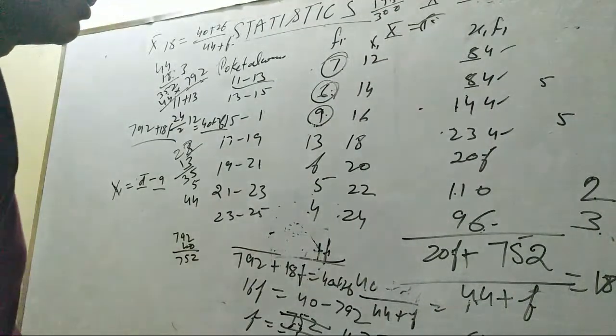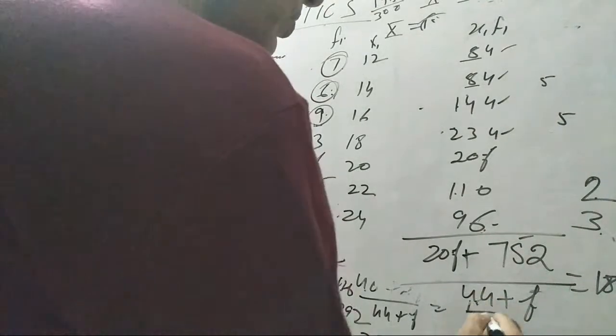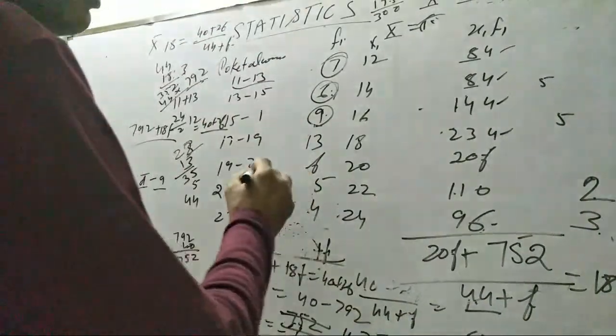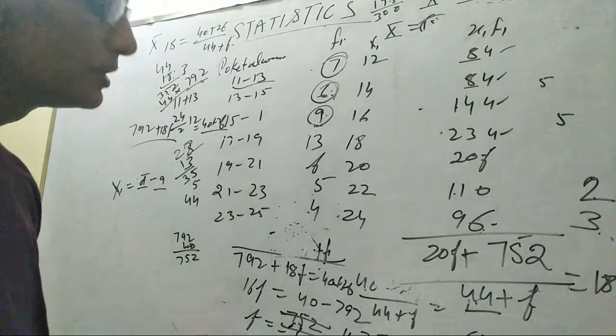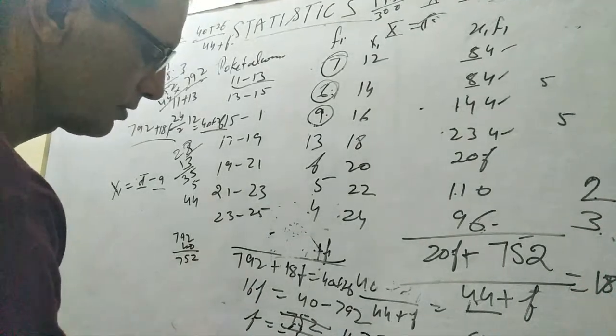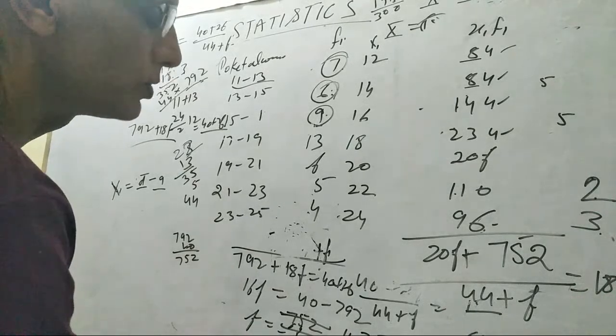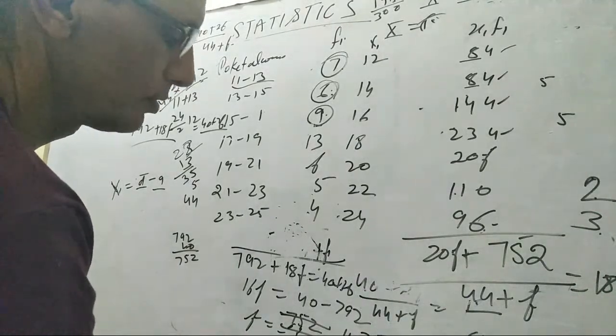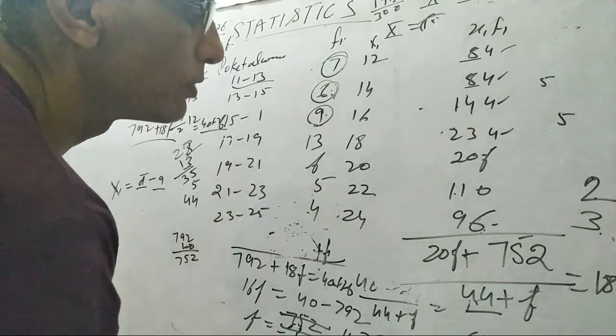The mean is equal to 18, so this is equal to 792. So 792 plus 18f is equal to 20f plus 752.